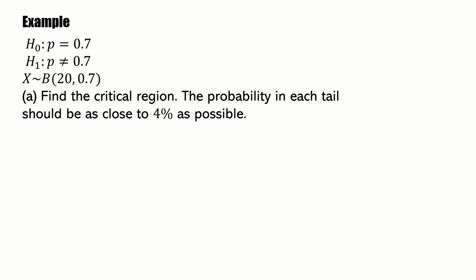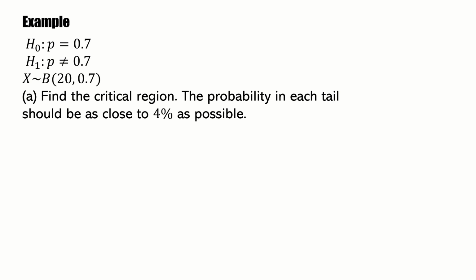The example is H0: p equals 0.7. We've got H1, we've got our distribution, and then we've got the wording: find the critical region, the probability in each tail should be as close to 4% as possible. The first thing worth pointing out is this is a two-tailed test. We've got to be really careful when reading about the significance level, because normally with two-tailed tests we take the significance level and halve it for each tail.